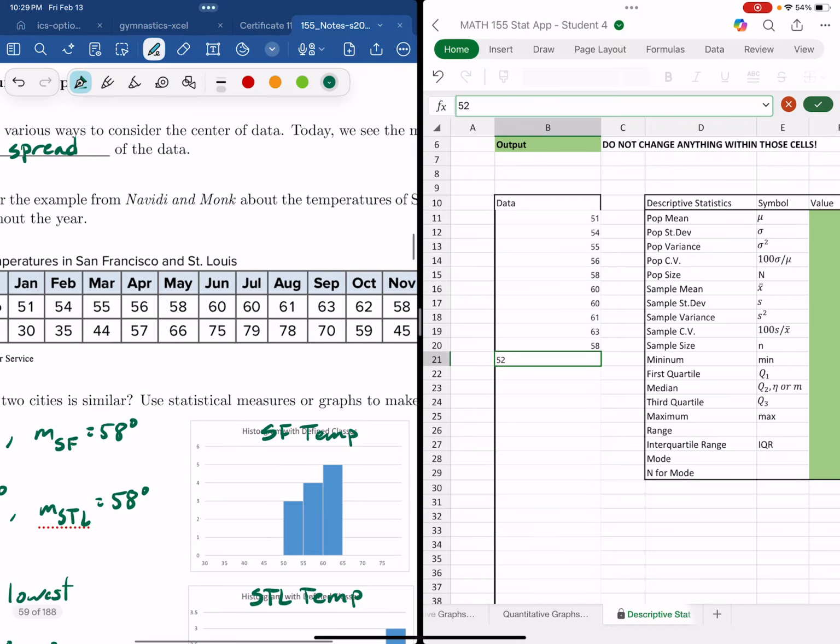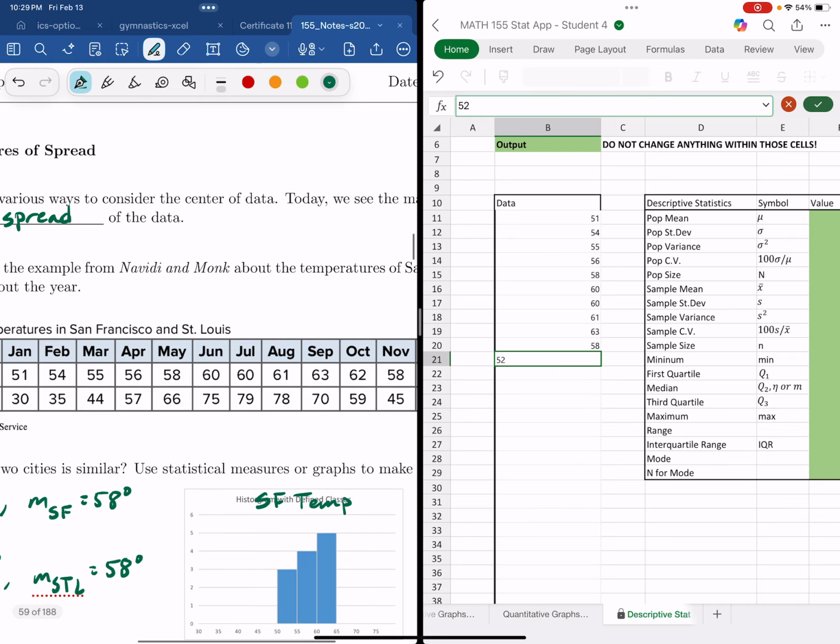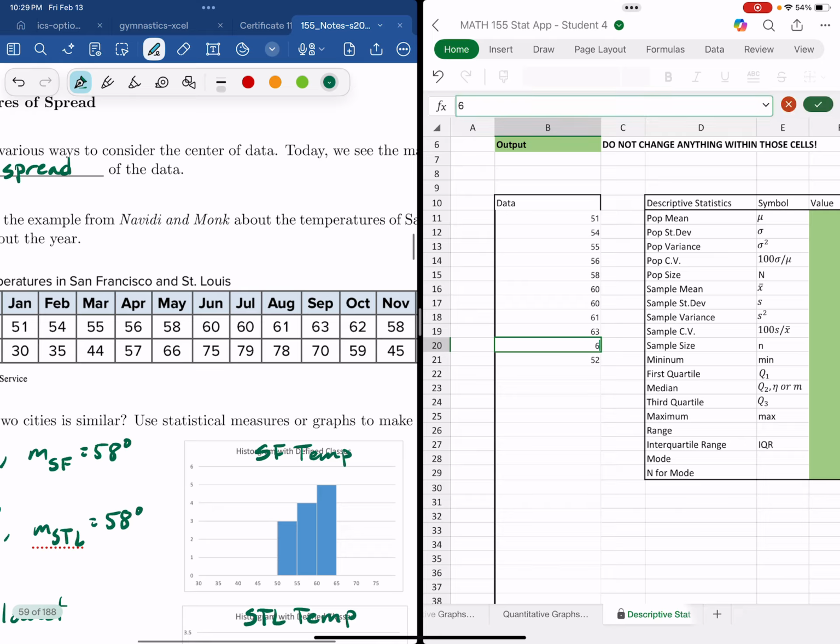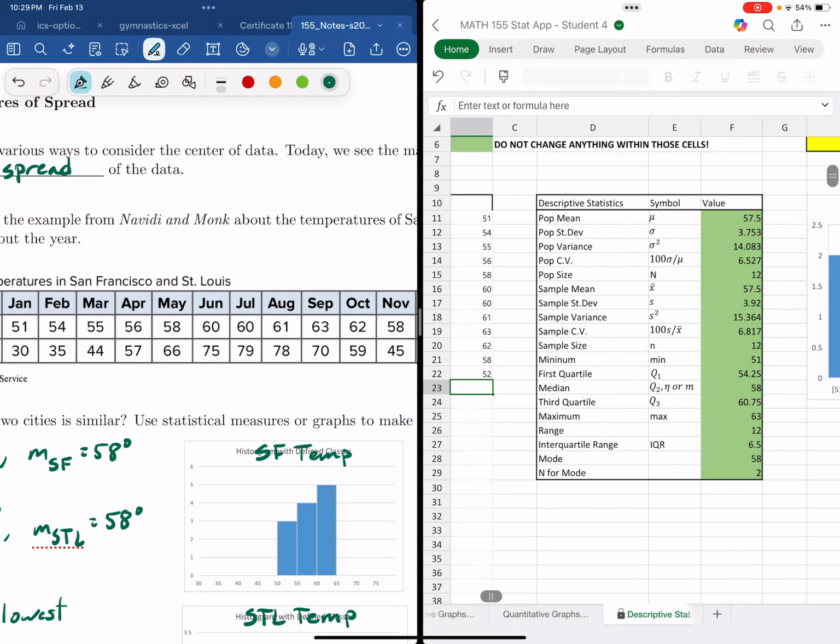Oh no, what I missed was 62. Hold on a sec. Not 82, 52. There we go. Now if we take a look at the sample standard deviation, whoa, that's quite a bit different. 3.92.